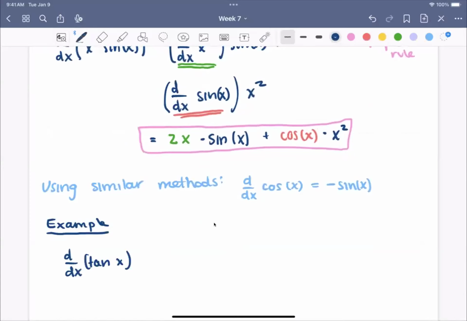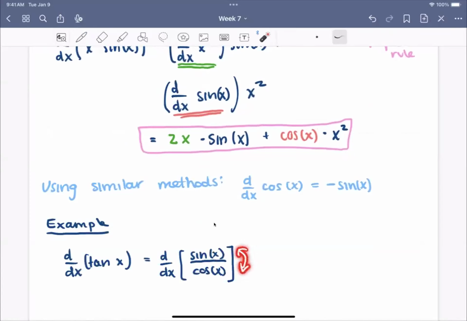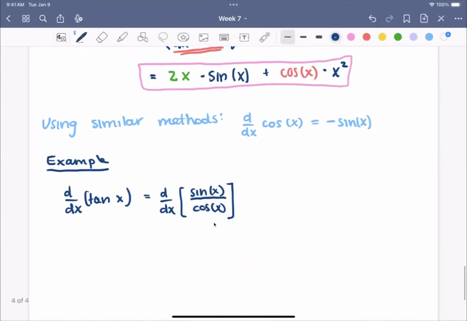Well, I know that tan x can be rewritten as sine x over cosine x. This is a quotient of two functions, each of which I know how to take the derivative of. So I'll apply the quotient rule.